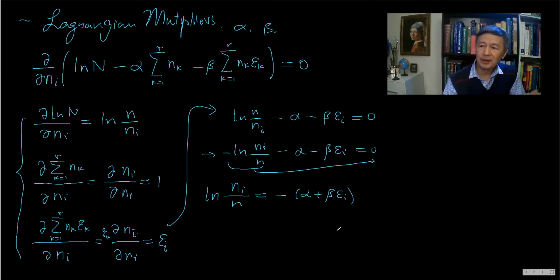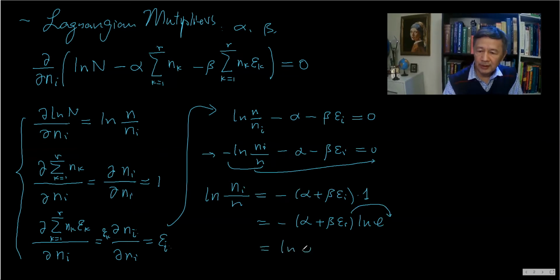A little bit of high school mathematics. We just multiply by 1 here and rewrite this as log e, alpha plus beta epsilon i, and move this back to the index, so that will become log e to the negative alpha plus beta epsilon i.